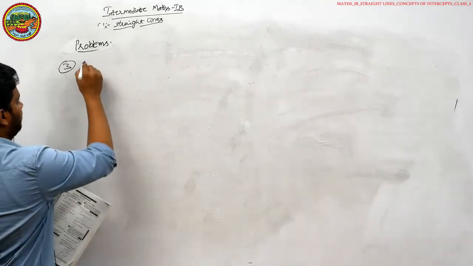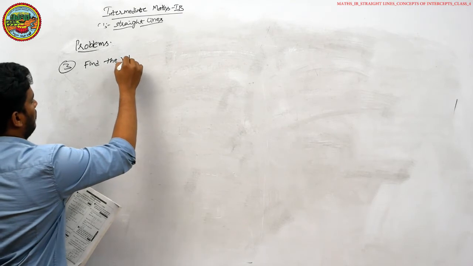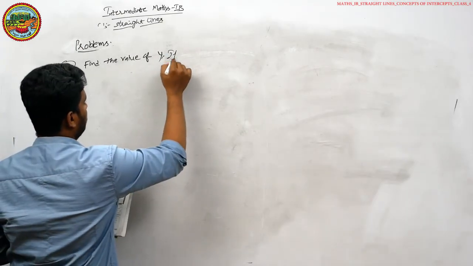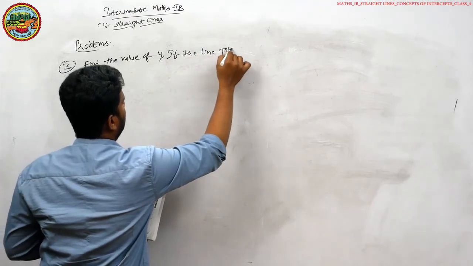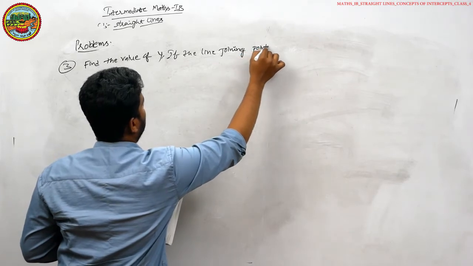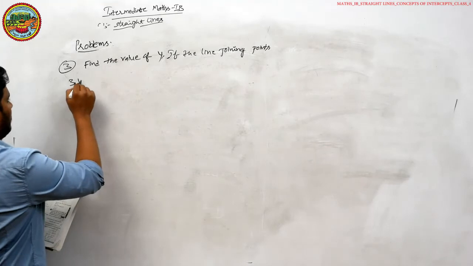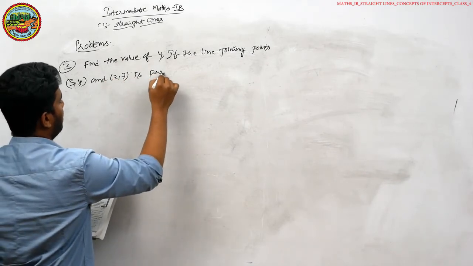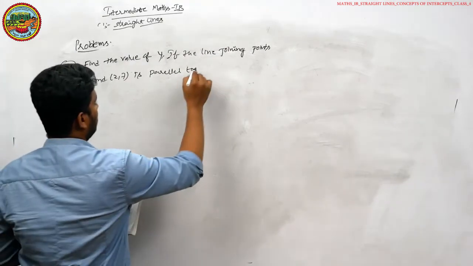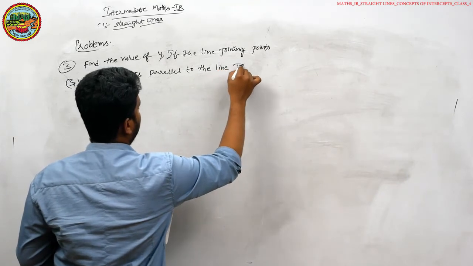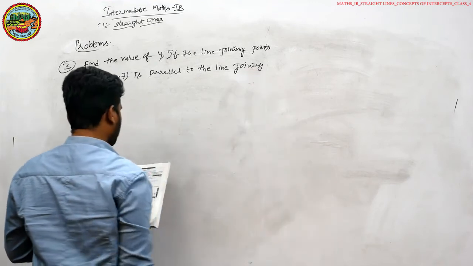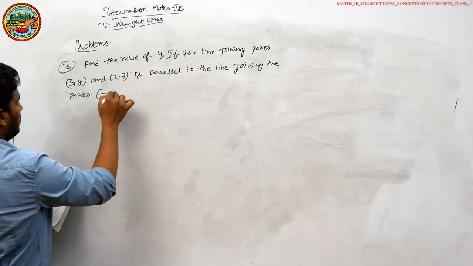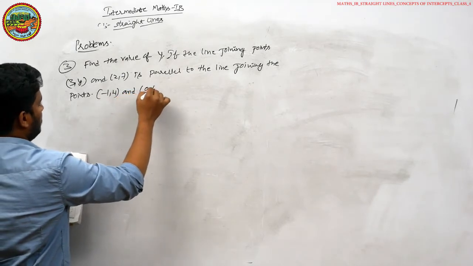Find the value of y if the line joining the points (3, y) and (2, 7) is parallel to the line joining the points (-1, 4) and (0, 6).